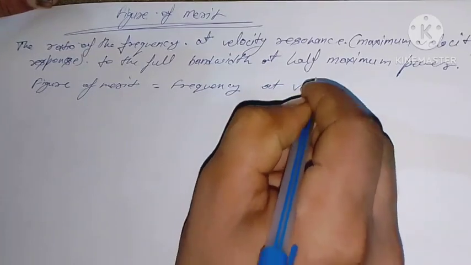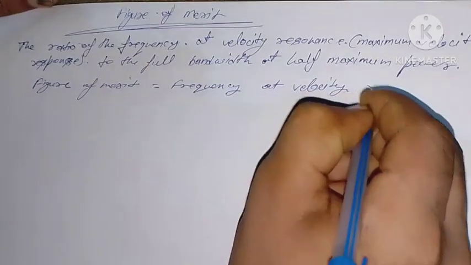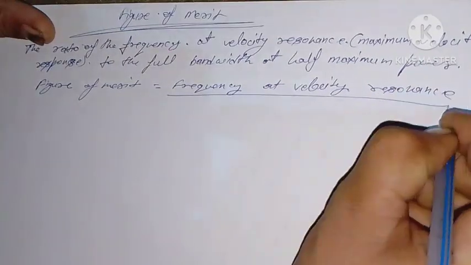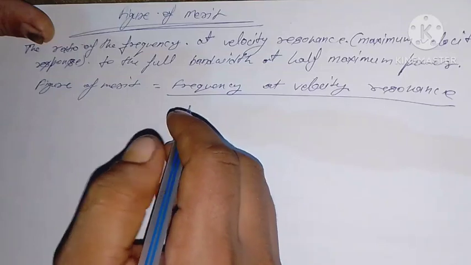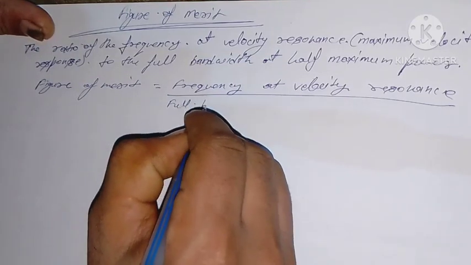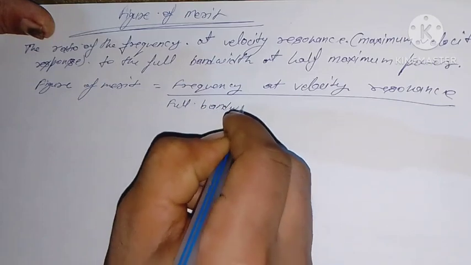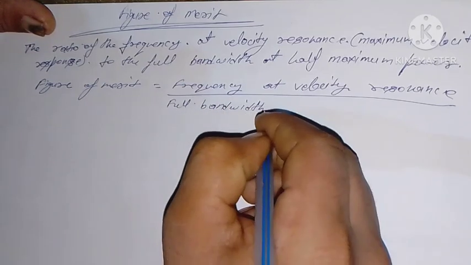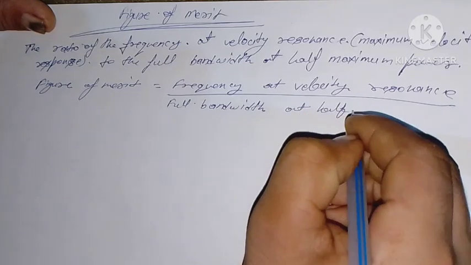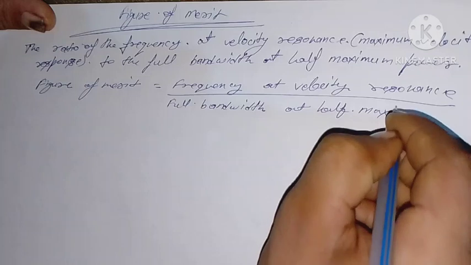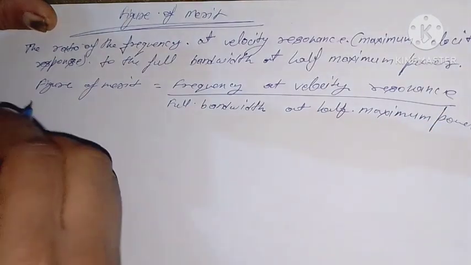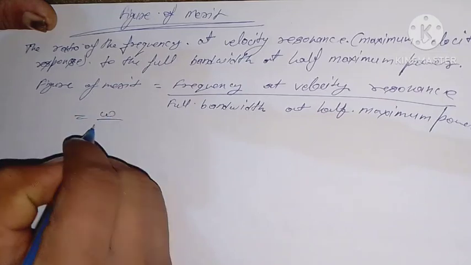Then figure of merit equals frequency at velocity resonance upon full bandwidth at half maximum power.